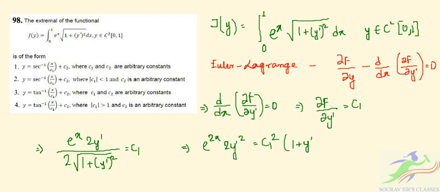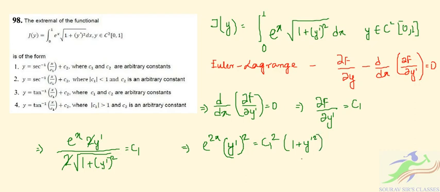Here it will just cancel out, so y prime square equals c1 square multiplied by 1 plus y prime square.